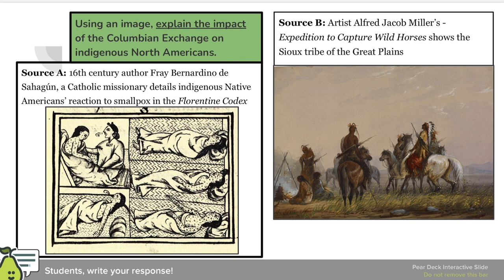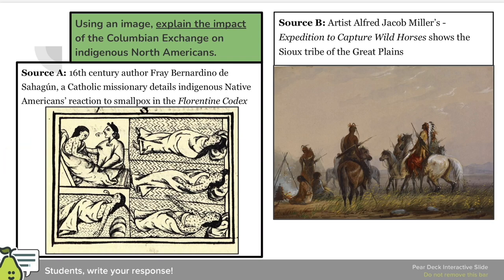So looking at this first source, 16th century author Fray Bernardino de Sahagún, a Catholic missionary, meaning that he's European, details the indigenous Native Americans' reaction to smallpox. So we need to use this to answer the question of what was the impact of the Columbian Exchange on the North Americans? Well, if you were to categorize positive or negative for this source, which would you say?